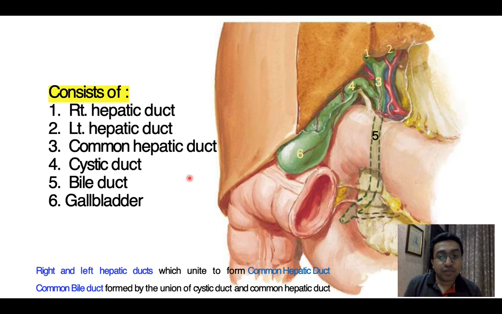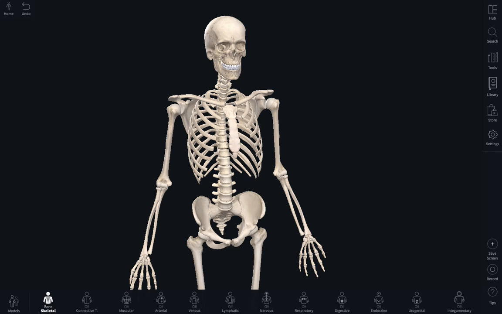So now I will take advantage of the 3D platform and talk about this topic from a three-dimensional view using my educator license of Complete Anatomy. Let's see, we have the skeleton here, so let's open the digestive system.